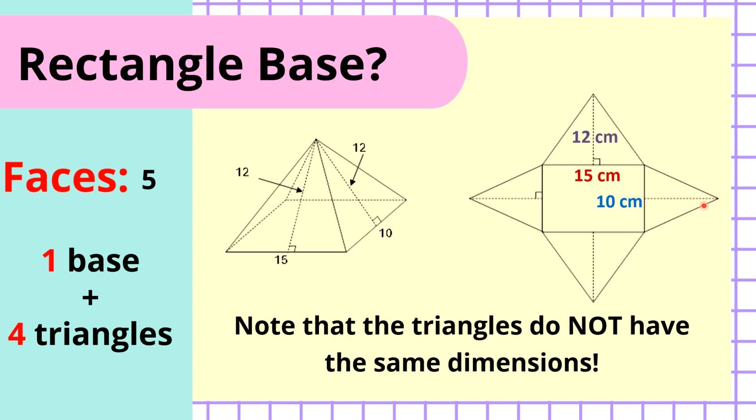Based on this, you will notice that the triangles on top and bottom are actually different from the triangles on the left and on the right. So we do need to take note of this when we find the area of these triangles. But we will still use the same strategy: identifying every face, finding each area, and then adding them together.